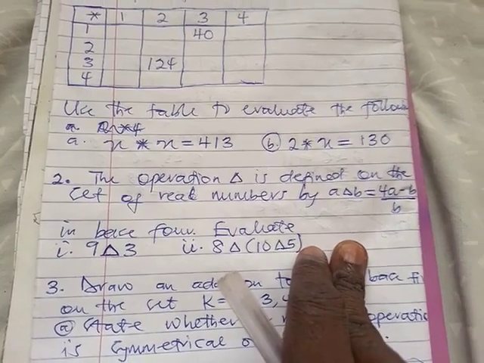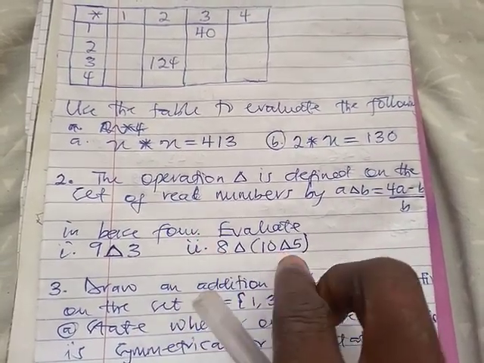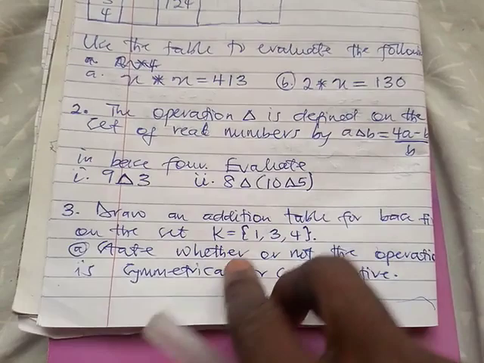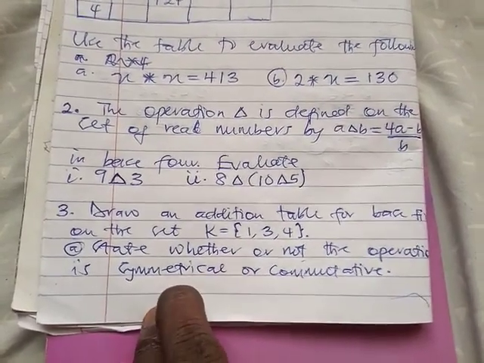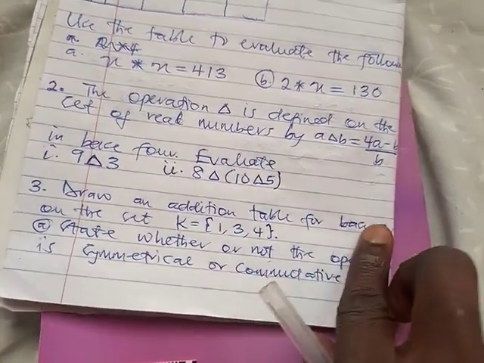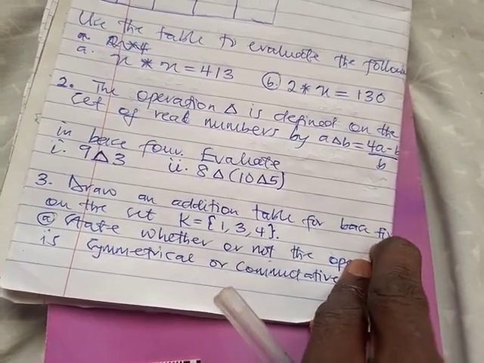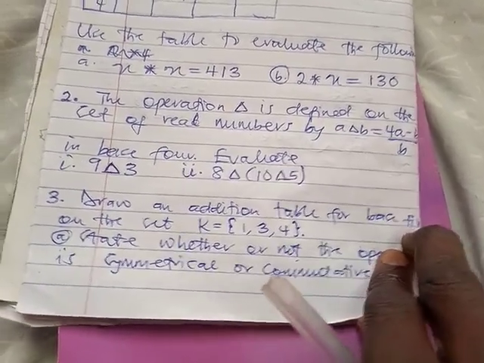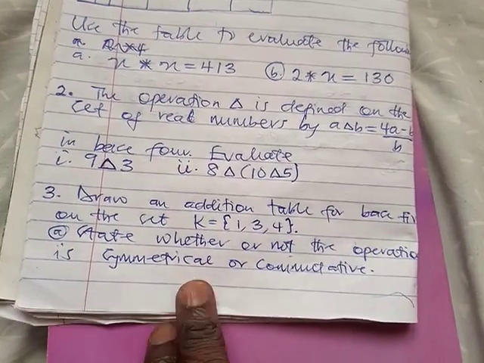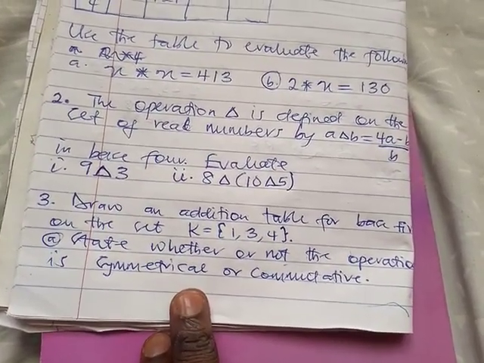You have to evaluate 9 delta 3 and 8 delta 10 delta 5. And the third problem is you have to draw an addition table for base 5 on the set {1, 3, 4}. You have to state whether or not the operation is symmetrical or commutative.